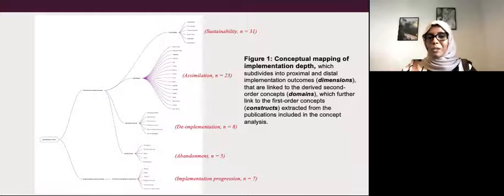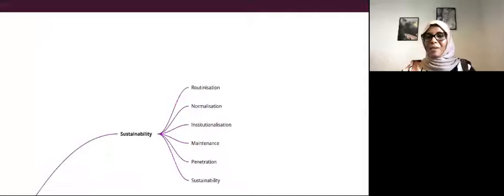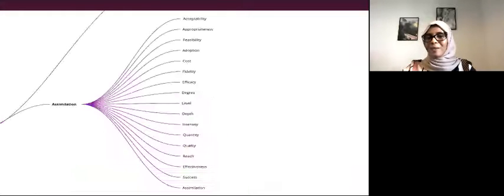So now if we zoom in to show each of the first order concepts linked to the domains. First, we have sustainability, where we can see further links to constructs such as routinization, normalization, institutionalization, maintenance, and penetration. And if we take another example of constructs linked to the domains of assimilation, we have acceptability, appropriateness, adoption, fidelity, and so on.